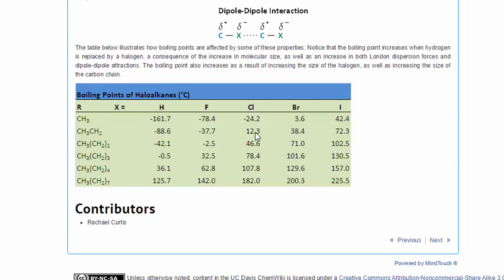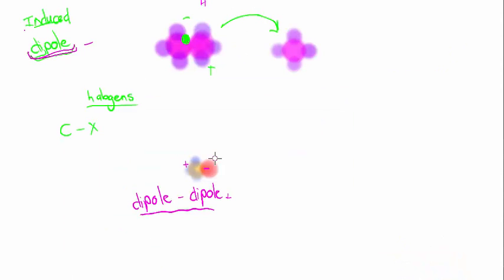Other way around. This would be a gas. At this point it would be boiling. So this one at room temperature would be a gas, this one at room temperature would be a liquid. You understand? Because he's only going to boil at 46 degrees. Cool. Can I move on? Yes. Great. So are you guys happy with that?